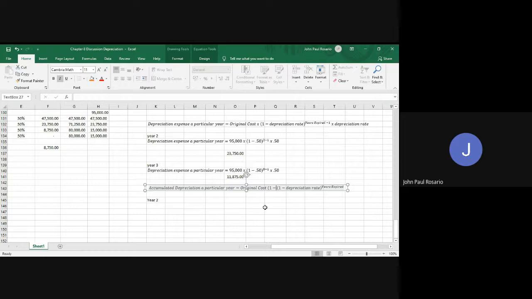This is the book value. Okay, let's just try this one, because I'm still imagining how it should look.